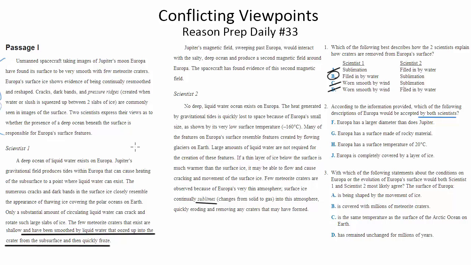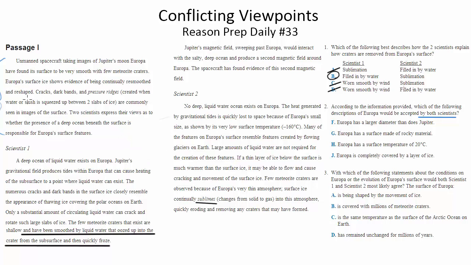of the passage before you get into the 2 scientists' viewpoints, because this often tells you what the boundaries of the problem are, or what the shared information is between them, what they agree on. And then the discussions in Scientist 1 and 2 talk about what they disagree on. And that's what we see here. So the question wants to know which of the following would be accepted by both scientists.